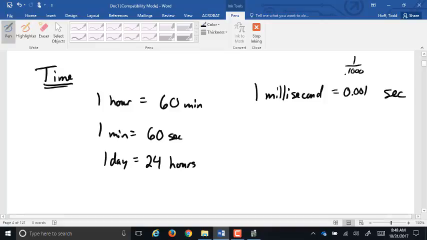So 1,000 milliseconds in a second. How about a microsecond? That is a millionth. You are correct.